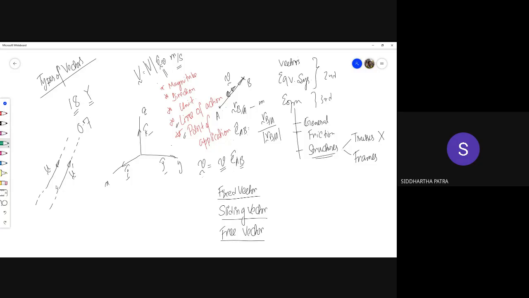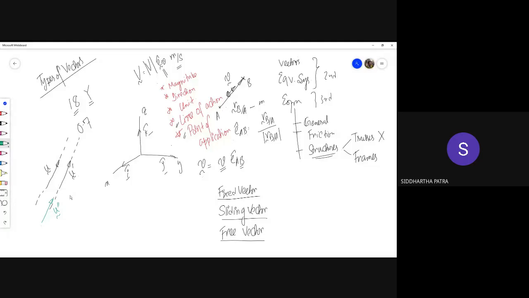Okay. Now, here we have another vector, same magnitude, same direction, u double prime. So it is collinear with u prime, but it is not acting at the same point. The point of application is different. Okay.